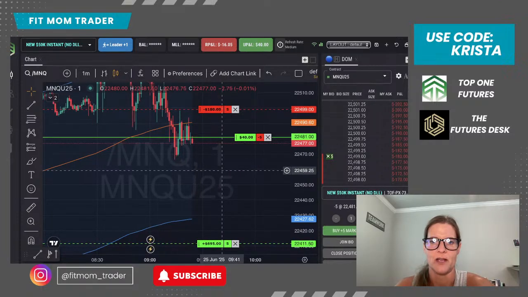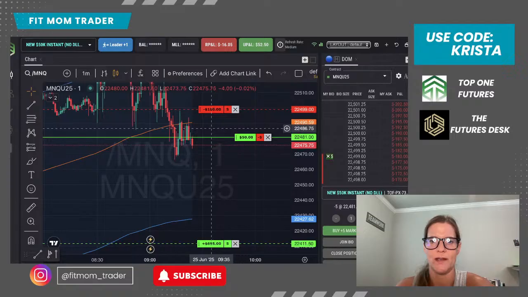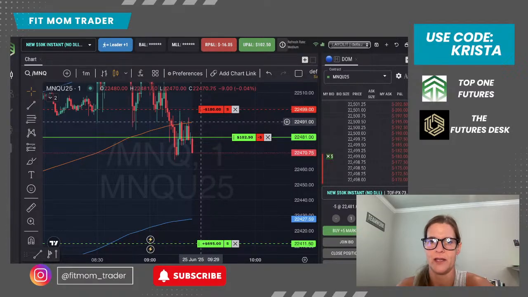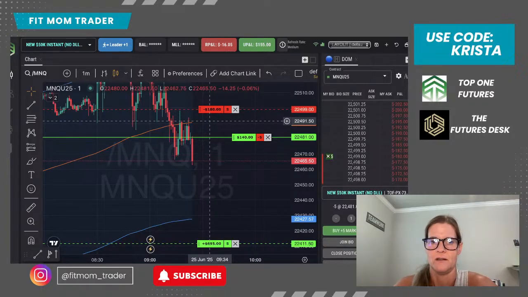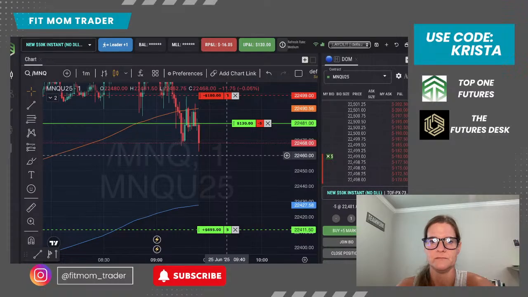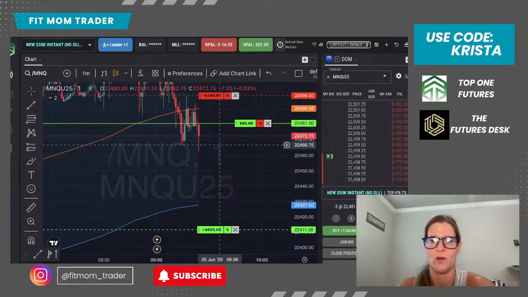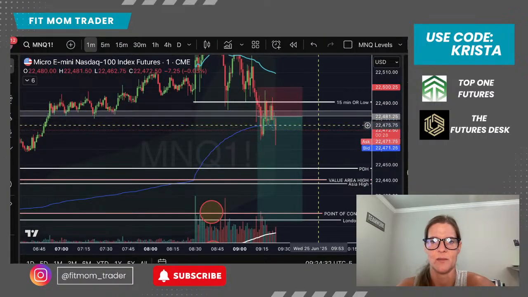Still just kind of chopping around. 491 is where I have my initial balance, so it is holding below that. My cursor is right at 491. And coming back down to VWAP. Let's see if this candle can actually close below and hold. That's the biggest barrier I think we need to get past is VWAP.